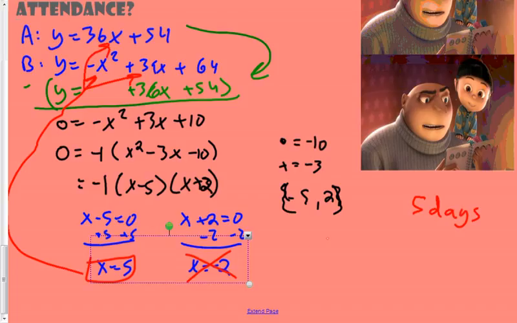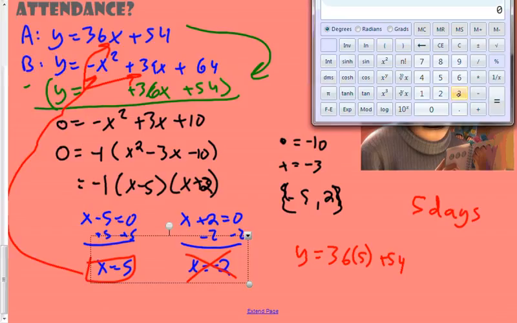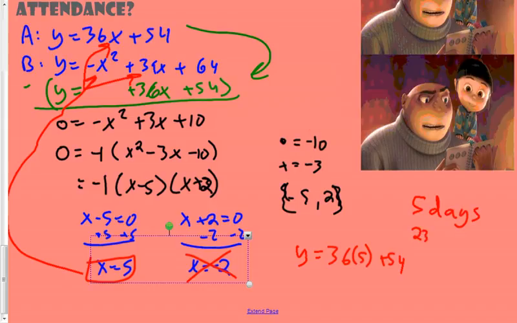I think that'll be easier. I'm going to say y equals 36 times 5 plus 54. Take out your handy-dandy calculator and find out that 36 times 5, and you add 54, you get a total of 234 people in attendance. Did not take long for them to have the same amount of attendance there.